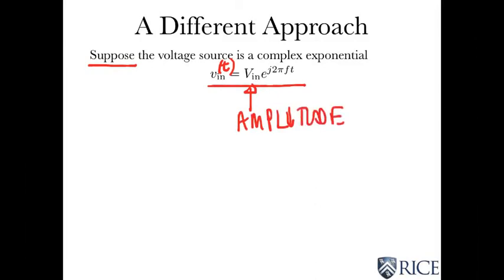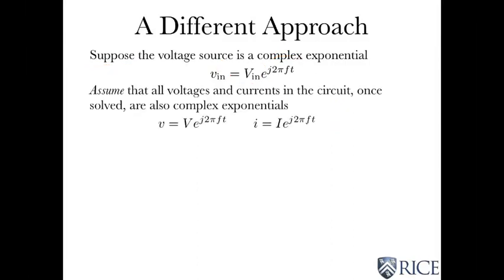The only part that varies with time is the complex exponential, e to the j 2 pi f t. Okay, so we're just going to assume that for right now. Well, here's the claim, that every voltage and current in the circuit, once you solve it for the complex exponential source, also turn out to be complex exponentials.